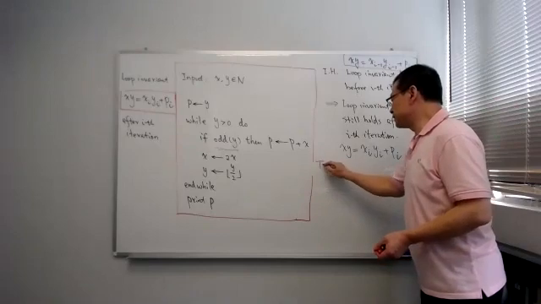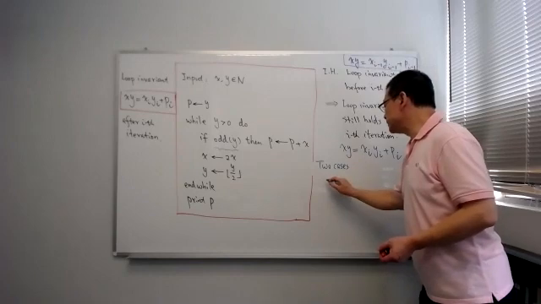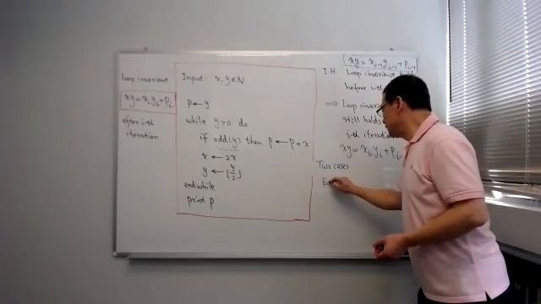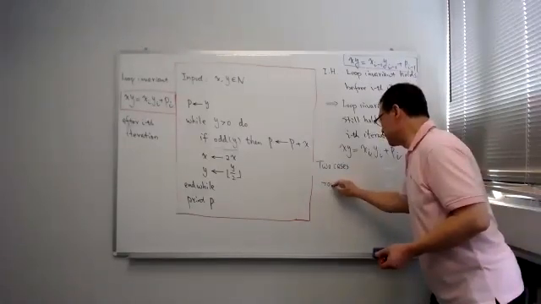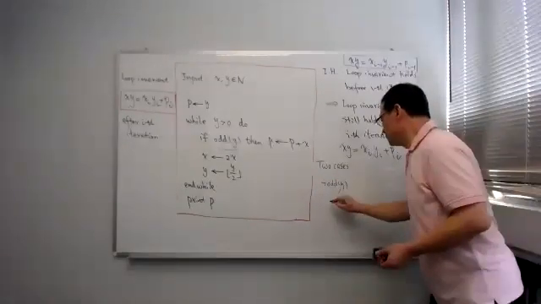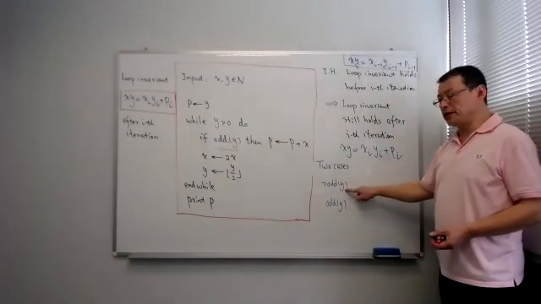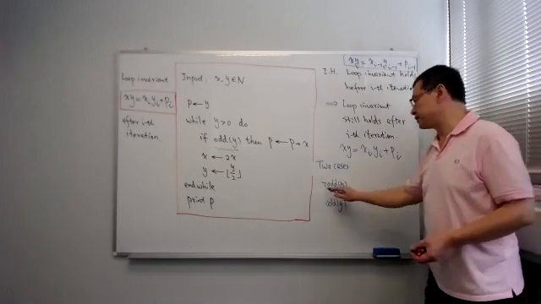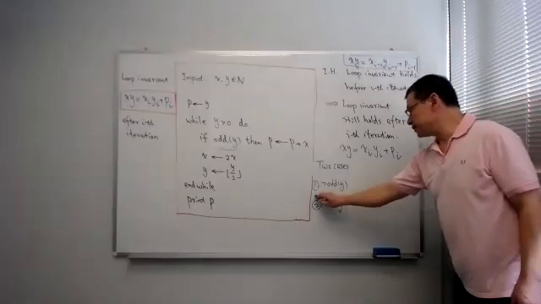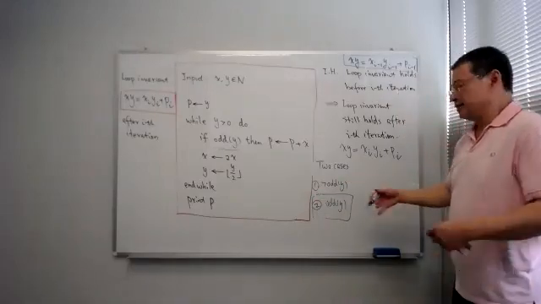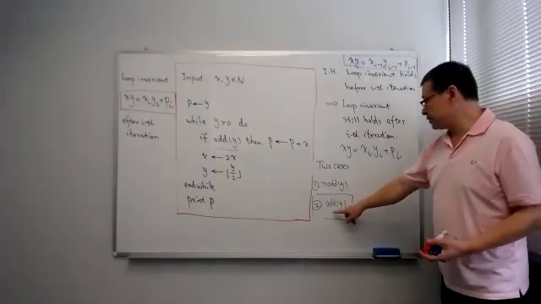So two cases to consider: one is even y, and then odd y. When y is even or y is odd, two cases. All right. So here I will only consider this case. The other case is very similar, so you can work it out by yourself. All right. So let's just consider this case.